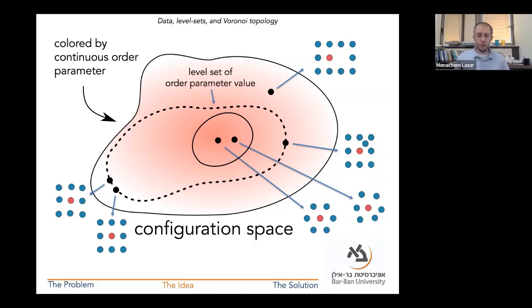I don't think the curve exactly follows the color to the T, but what you sense is a continuous function on some high-dimensional space. Well, in this case, let's say on R2 in the figure, but corresponding to something else, you end up having what's essentially a thin but large set, like the set of all points in configuration space which map to the same order parameter value.